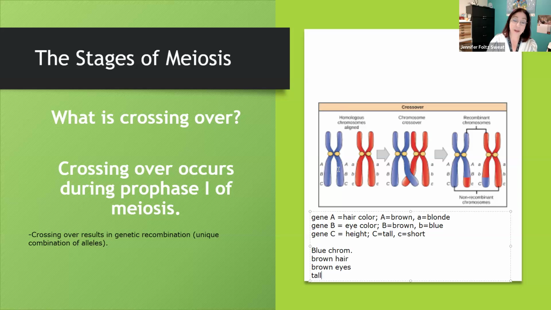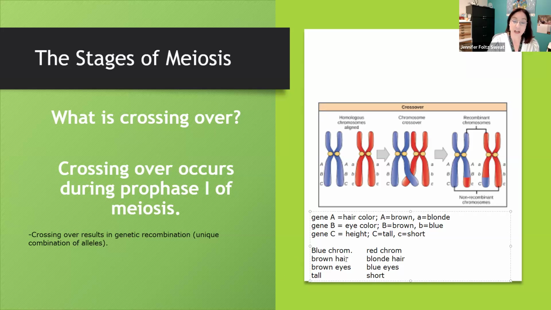See, because the blue chromosome is capital A, capital B, capital C. The red chromosome, you have blonde hair, blue eyes, short.